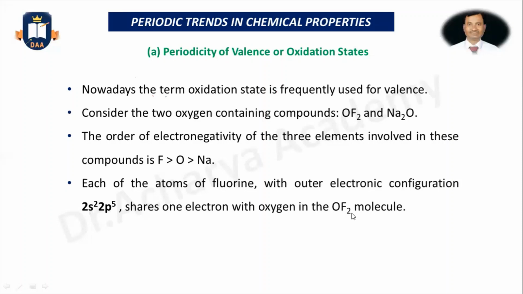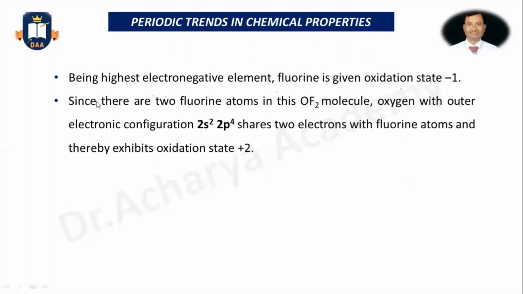OF2 has 2 fluorine atoms, so one electron from each fluorine atom will be shared with the oxygen. Being the most electronegative element, fluorine is given the oxidation state -1.